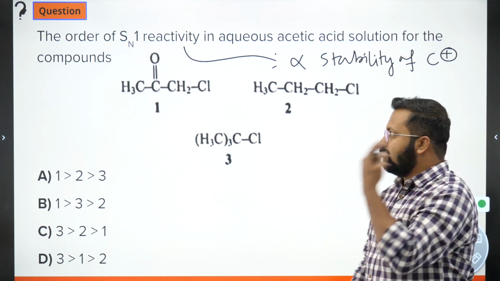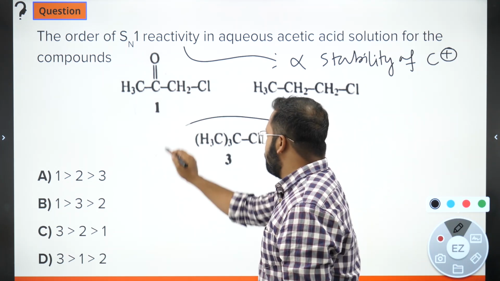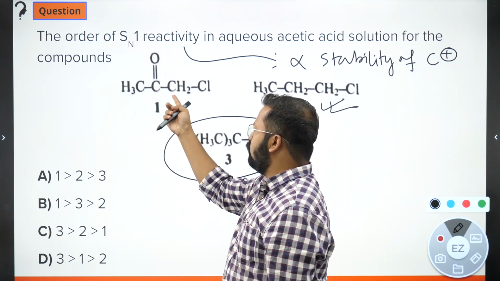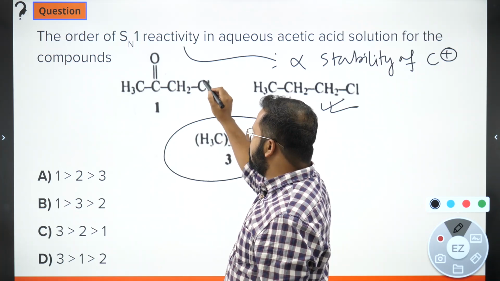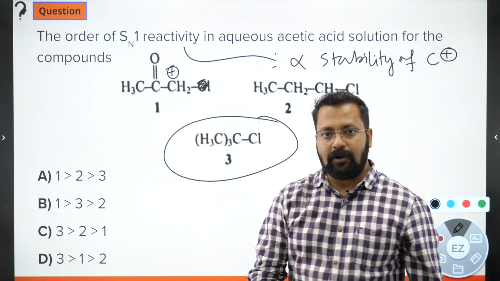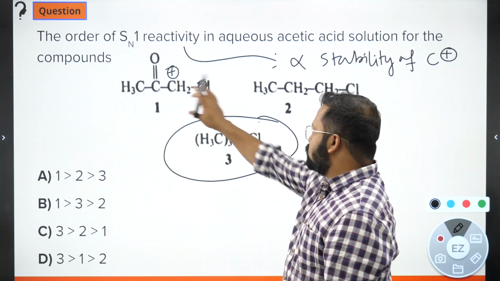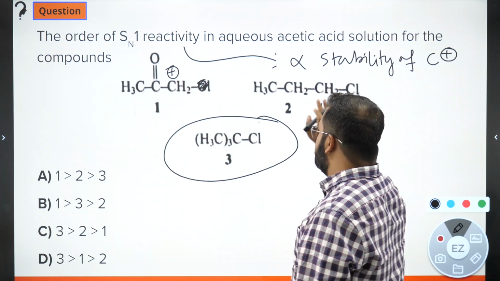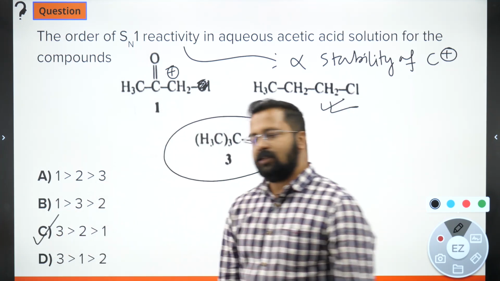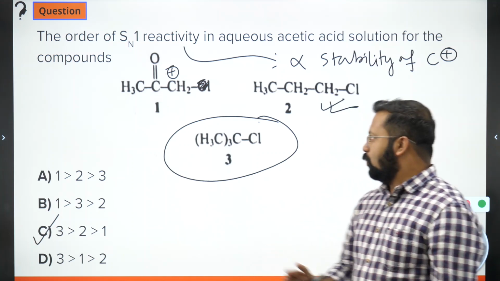If it is dependent on the stability of the carbocation, this carbocation will be most stable, followed by this one, followed by this one, because यहाँ पे carbocation जो बनेगा by removing Cl, if I remove Cl and put a positive charge over here, it will be next to an electron withdrawing group. So this will be least reactive, followed by second, followed by third. So 3, 2, 1, right answer should be C. Okay, चलिए.